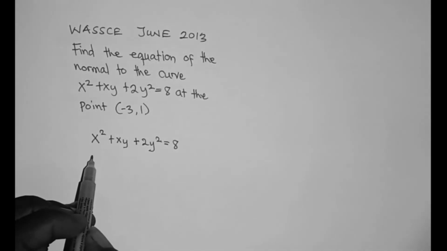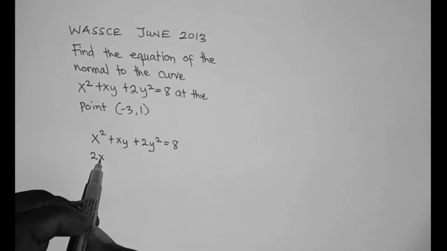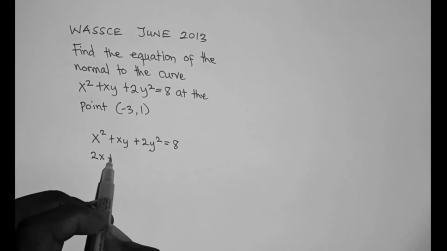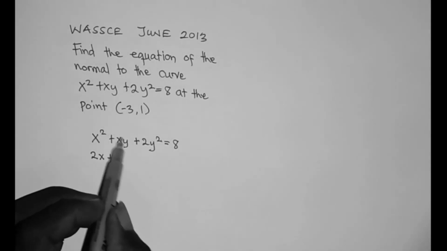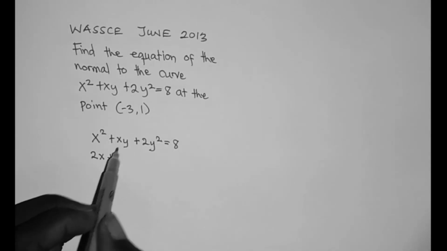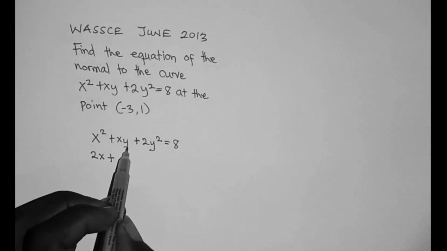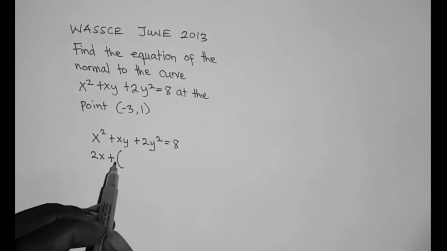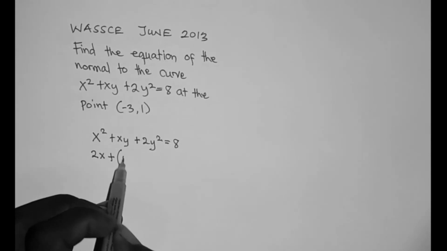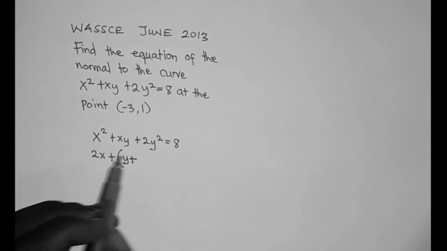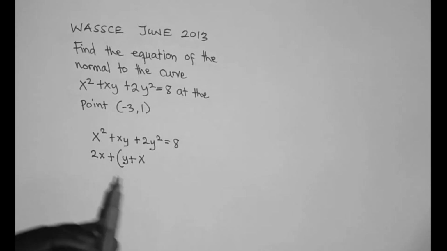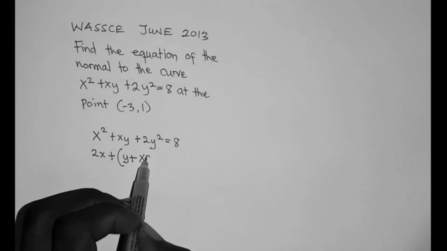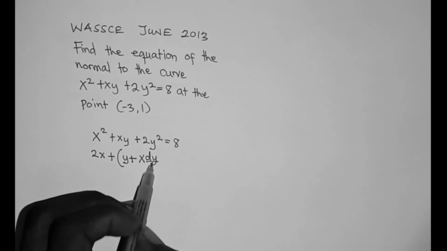If you differentiate x squared, you get 2x. Now plus, this is product of two functions. So you keep x, you keep y and differentiate x. If you keep y and differentiate x, it will be 1 times y, which is y, plus you keep x and differentiate y. If you differentiate y, it is dy/dx.